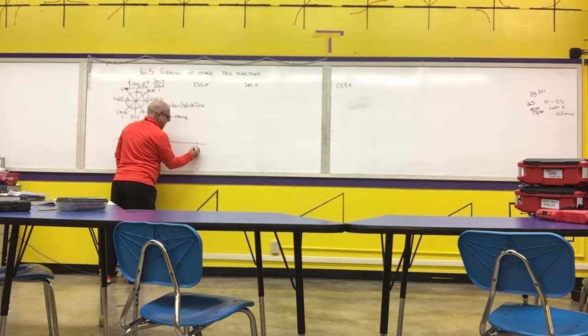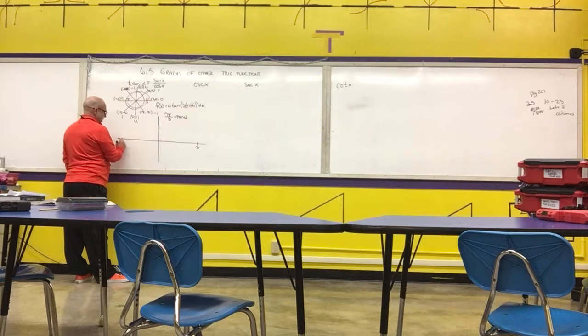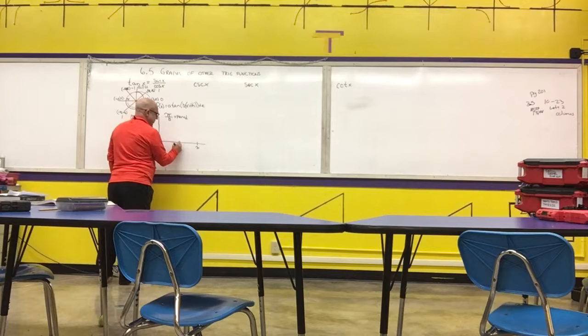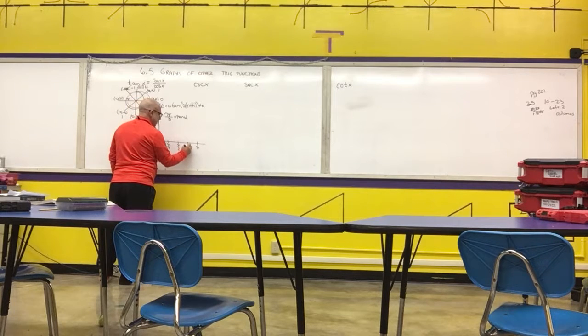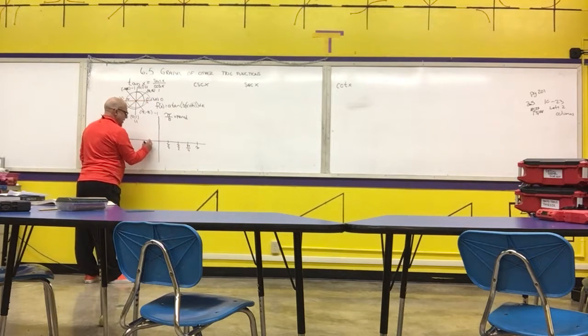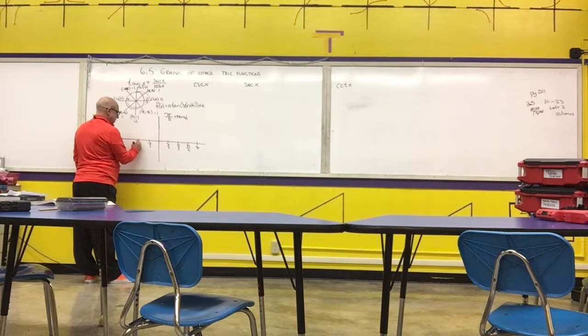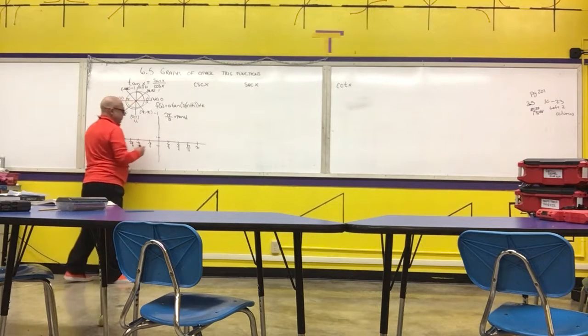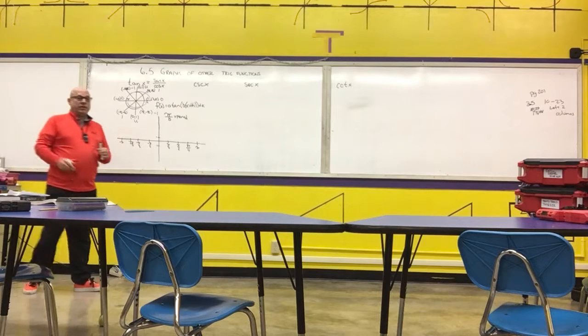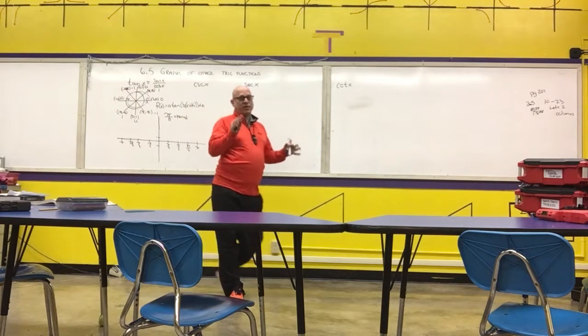So I have pi, negative pi, pi halves, pi fourths, 3 pi fourths, negative pi fourths, negative pi halves, negative 3 pi fourths, and 1 and negative 1.